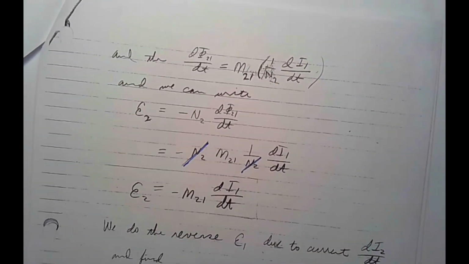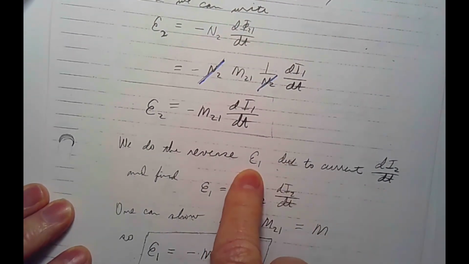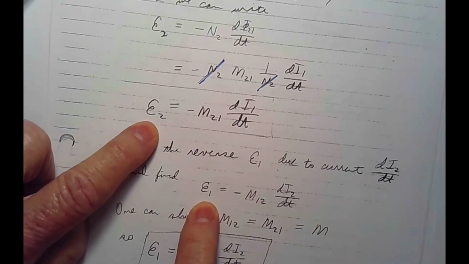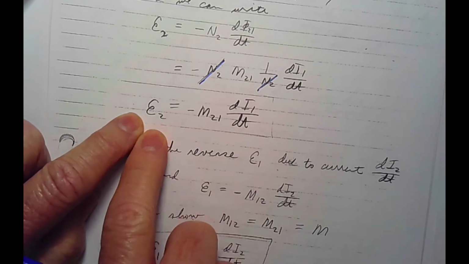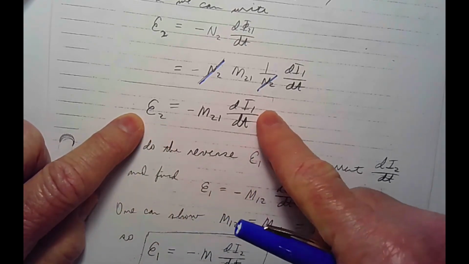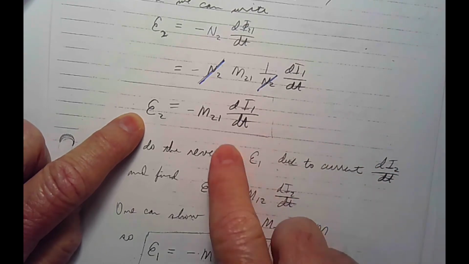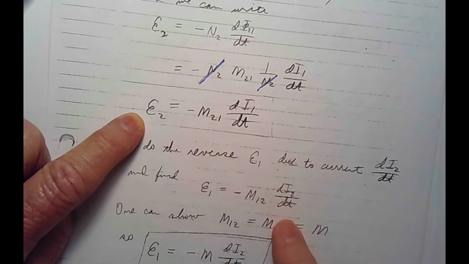If we do that, EMF1 due to the current in 2, then everything is the same except 1 gets replaced by 2 and 2 gets replaced by 1: EMF2, EMF1, current dI1/dt, dI2/dt, and mutual inductance M2,1 and M1,2.